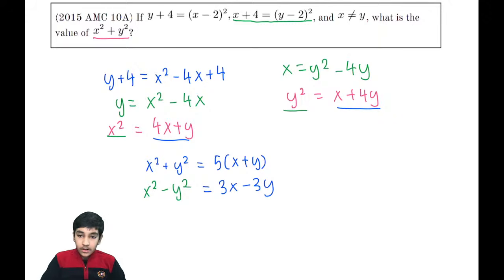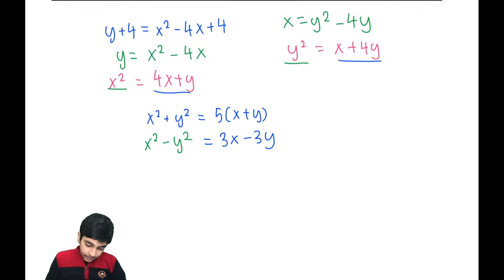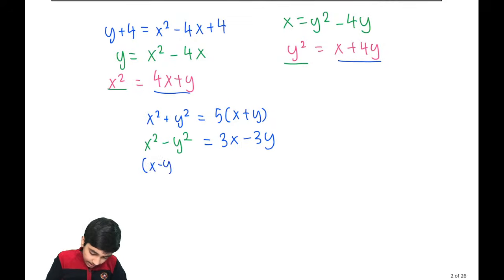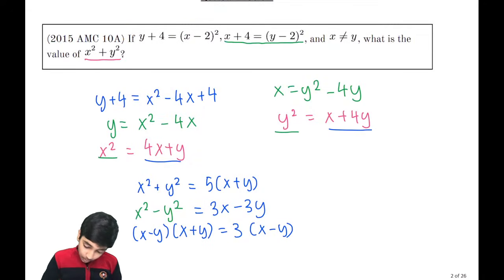Okay, so now what can we do? From here, we see that x squared minus y squared can be factored. x minus y times x plus y is equal to 3 times x minus y, by difference of squares. Now we can divide by x minus y, since x is not equal to y.